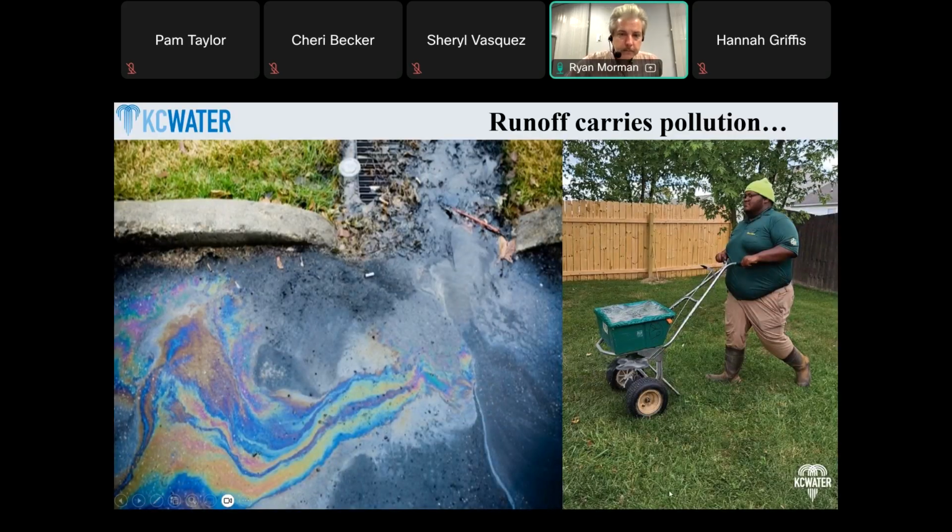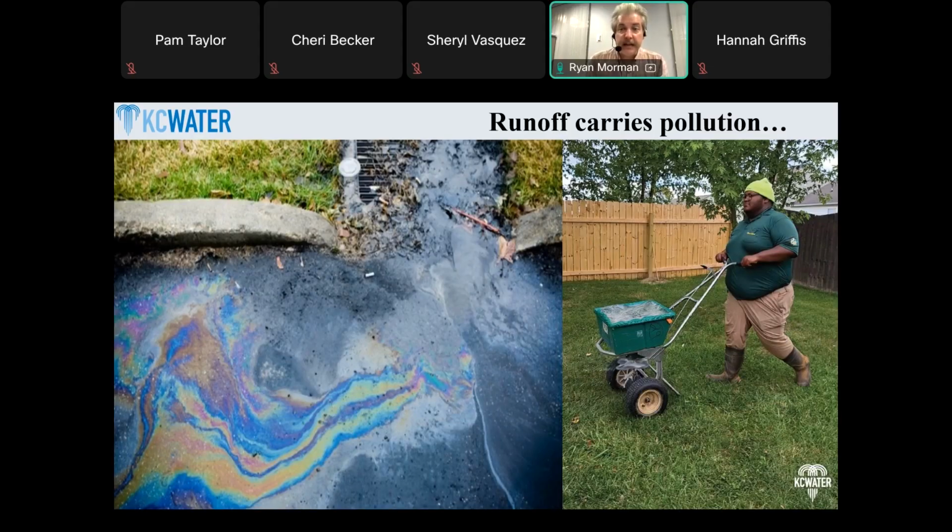But this is the problem: the trash and the pollution. So we think of the trash because we see it. When you're driving around, you notice the trash on the roads, in grass. We can see that, but that's not the only thing that's going to get into our water. And time of year can also depend what kind of pollution is going to get into our rivers.